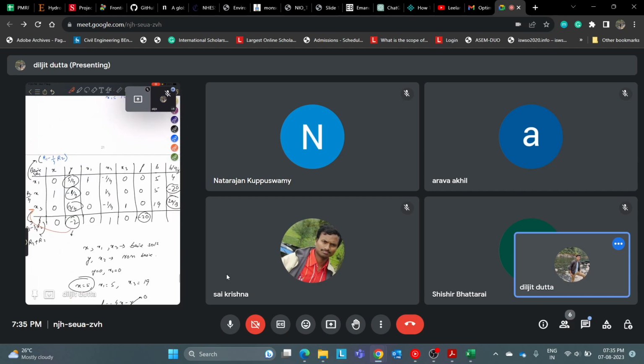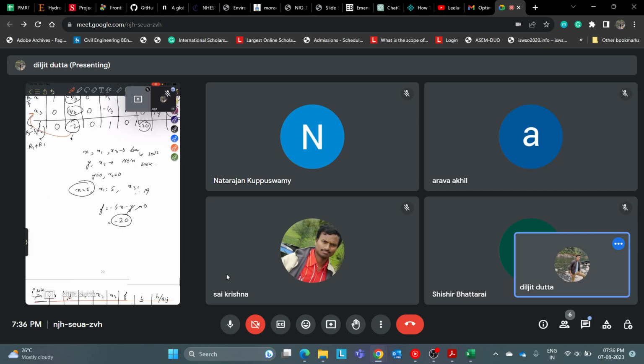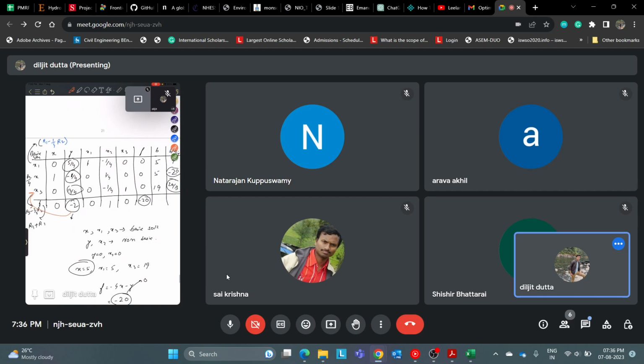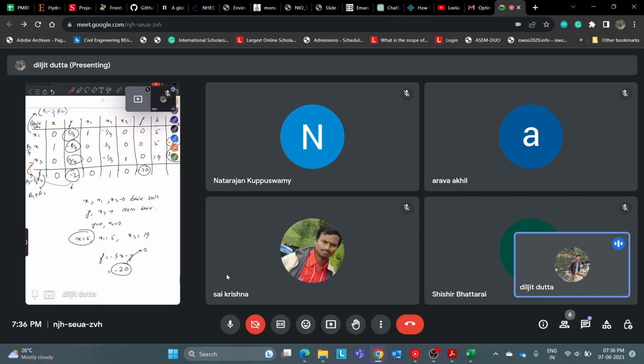Now we need to get the value of the second row, the coefficient of y corresponding to the second row is 0. So what we should do, we have to multiply the second row by 13 and add it to the third row. 13 by 4 minus 13 by 4 is equal to 0. R4 is equal to R4 plus R3. So this will be 1, this will be 0. This will be 0 again.